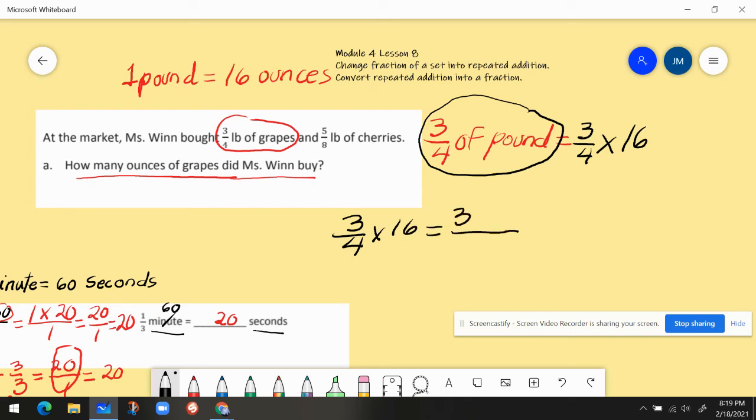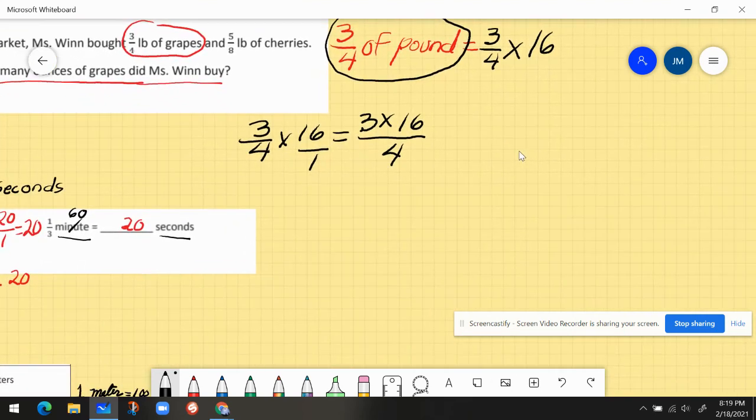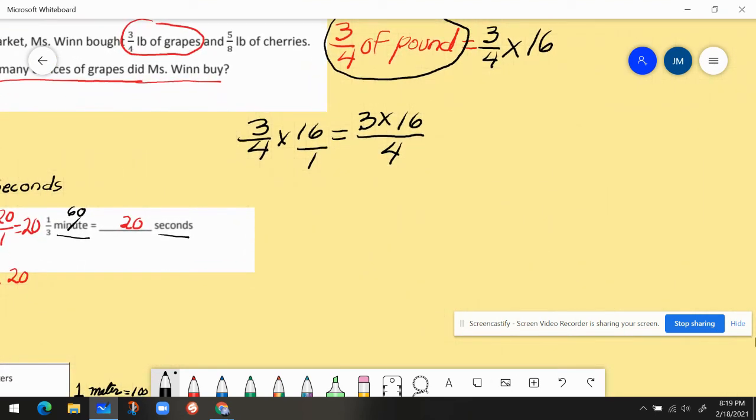We're going to multiply the numerator 3 times the numerator 16 divided by the denominator 4. Remember, the 16 has a 1, so when you multiply 4 times 1 equals 4. That's the answer on the bottom. Now, on this particular problem too, if you pay attention, there is something that we can do.